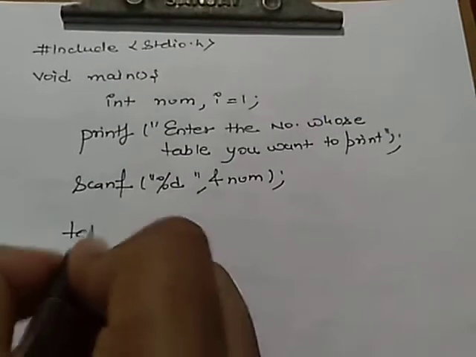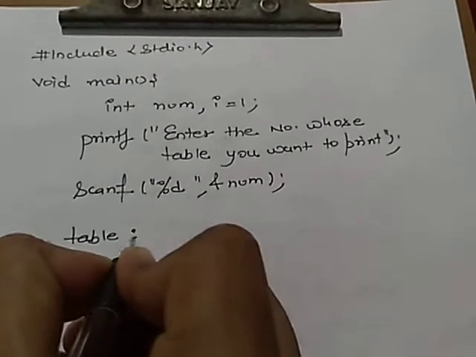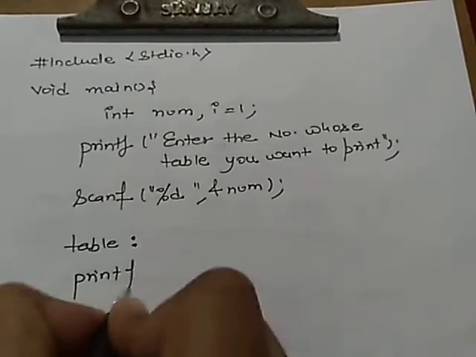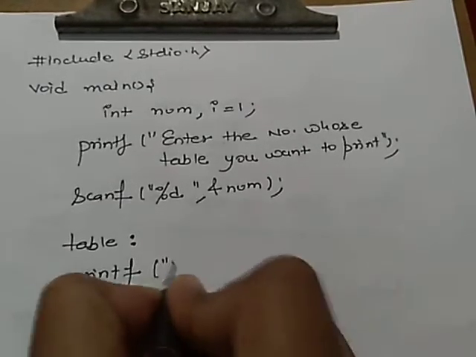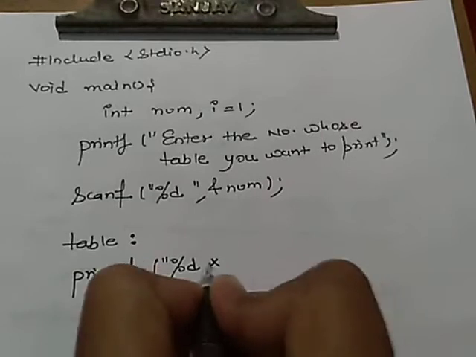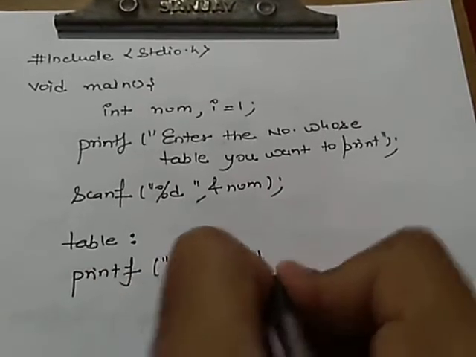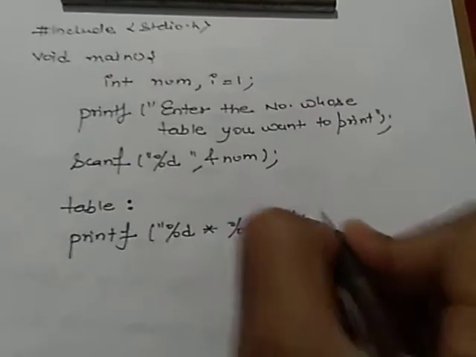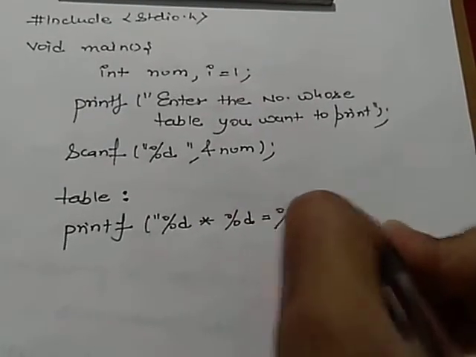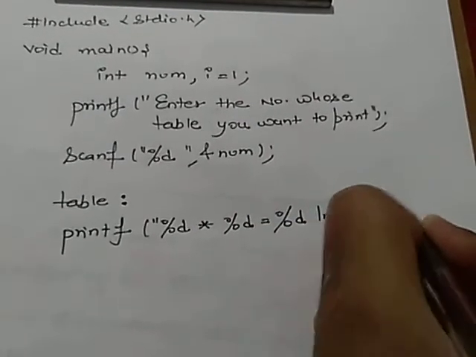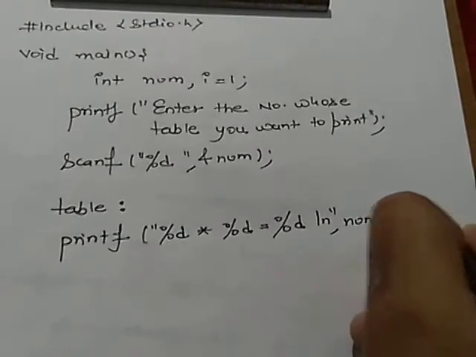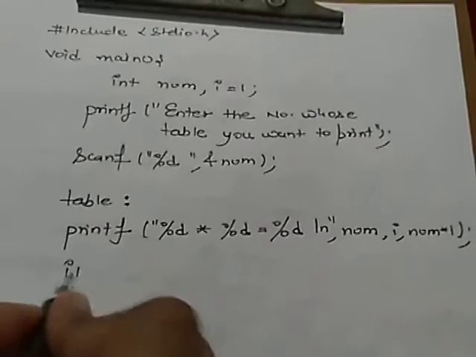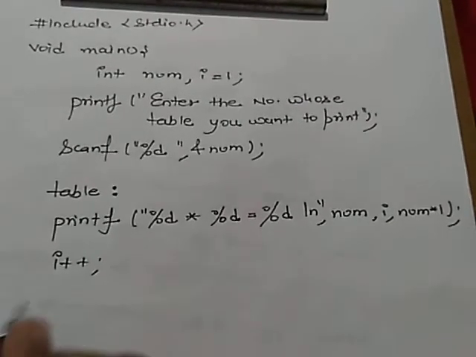Now the label is defined, that is table, then printf %d multiplied by %d is equal to %d \n. We have to pass num, we have to pass i, then num multiplied by i. Then we increment i with i++.